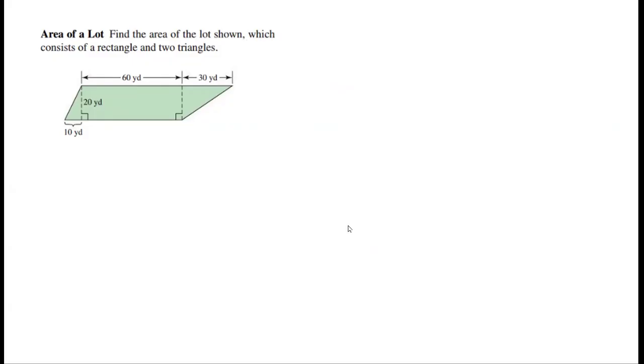That's what a composite shape is. Here it says we want to find the area of the lot shown, which consists of a rectangle and two triangles. See if you can figure this one out.